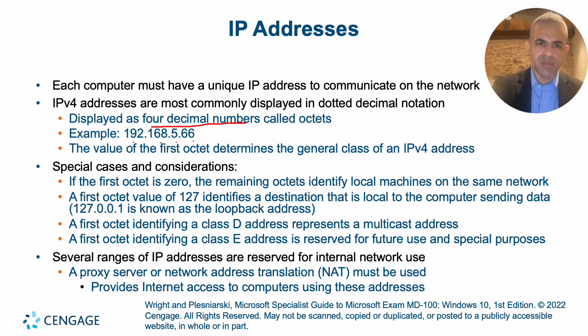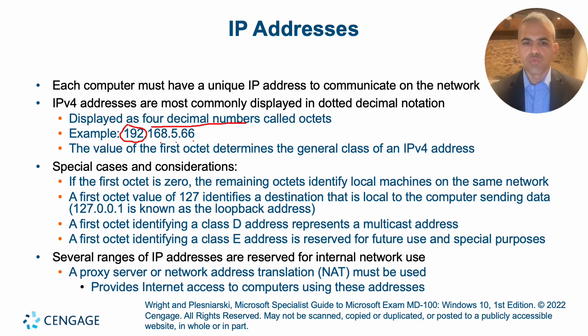So the first octet, meaning this specific set of numbers right here, tells you the class, and there are a couple of different classes which we will discuss. Okay, if the first octet is 0, the remaining octets identify local machines on the network. So if you see an IP that starts with a 0, it's telling you that it's all of the local machines.